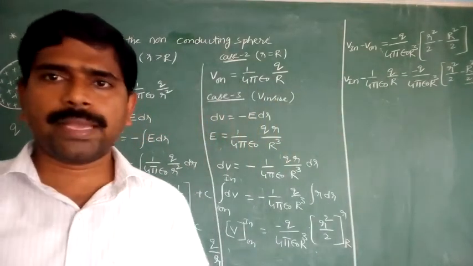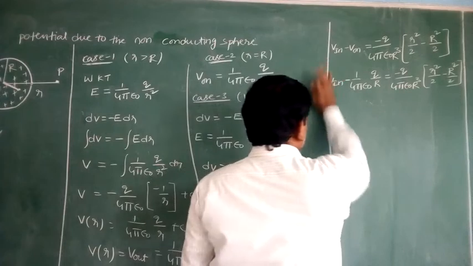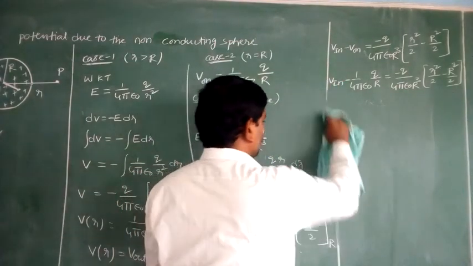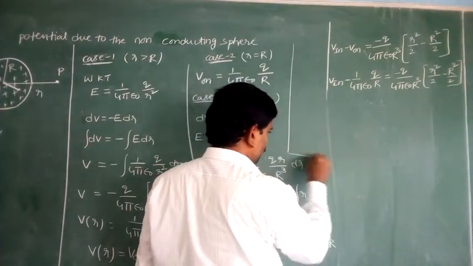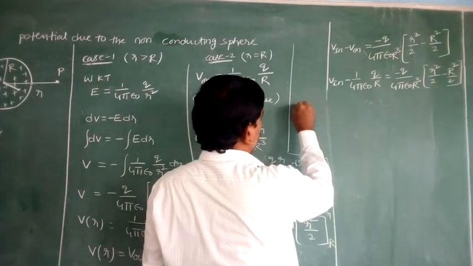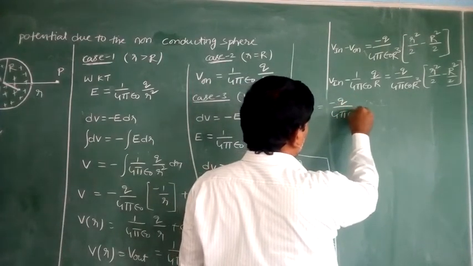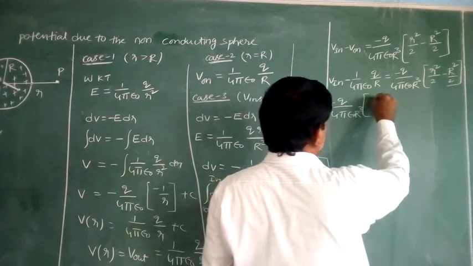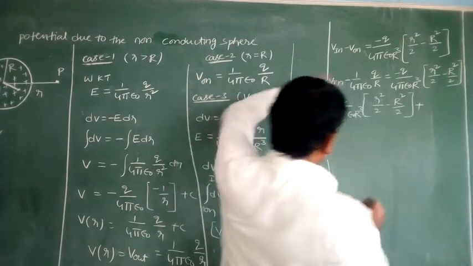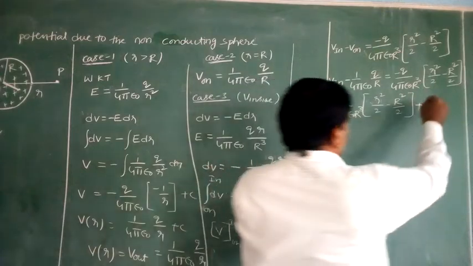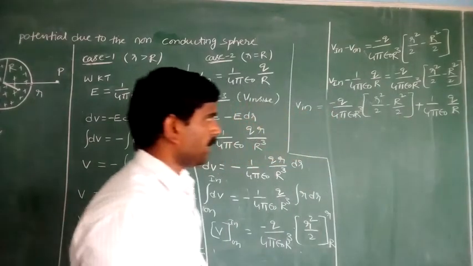So V inside is equal to minus q by 4 pi epsilon naught R cube whole into r square by 2 minus capital R square by 2, plus, writing that side, 1 by 4 pi epsilon naught into q by capital R.